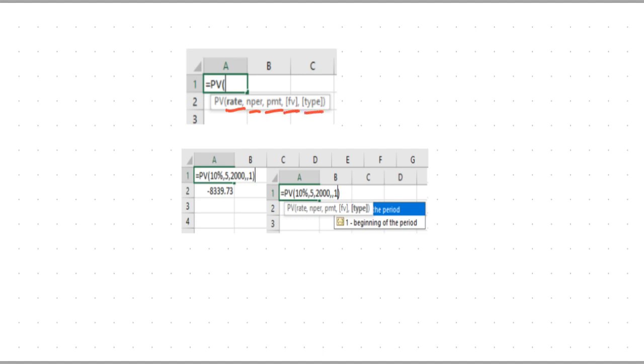Here the rate is 10%, number of periods is 5, PMT is 2000. Then FV you can leave blank or you can give 0. And the type here you have to take 1, that is beginning of the period. Your present value comes out to 8339.73.